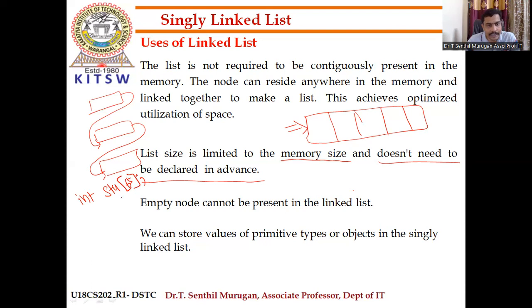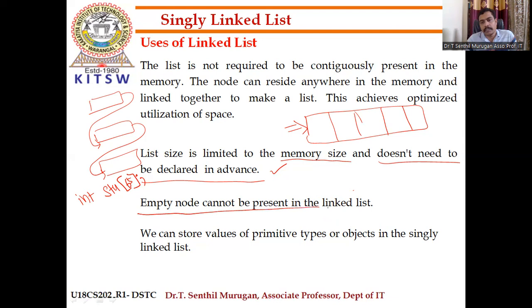This is a static array. Before compiling, we define the size of memory required. In a linked list it is not required. At the time of execution we can allocate as well as deallocate memory. That is the advantage of linked list.